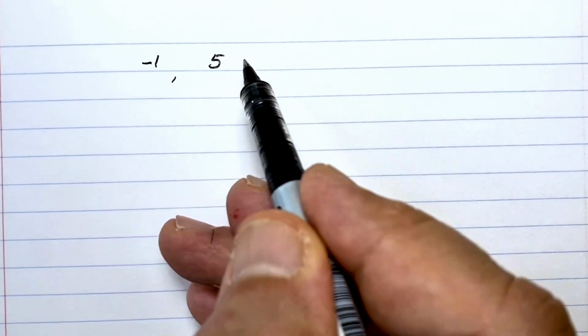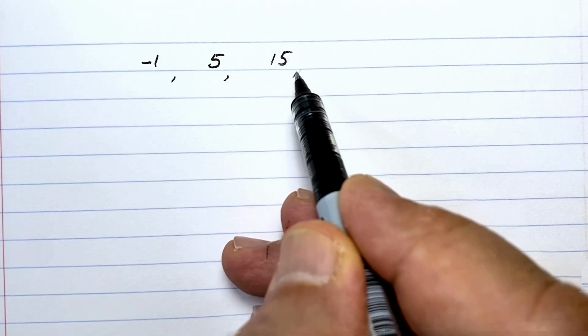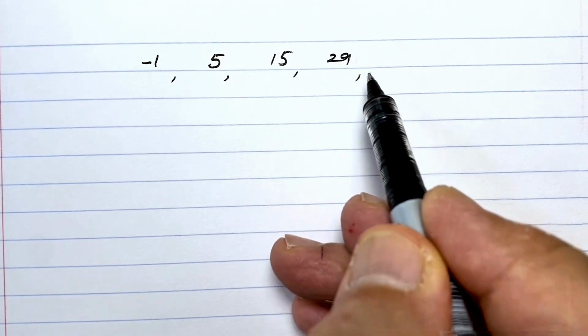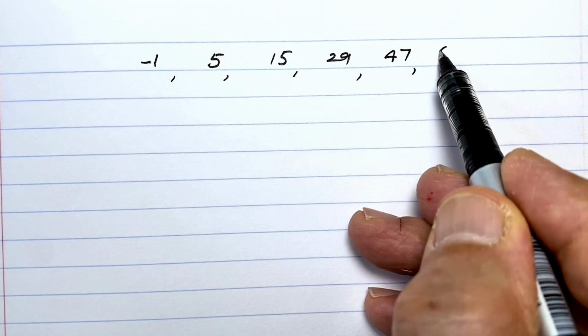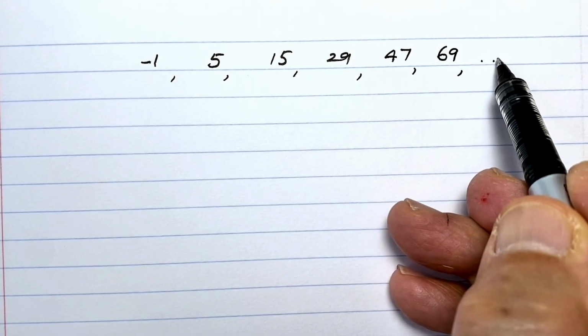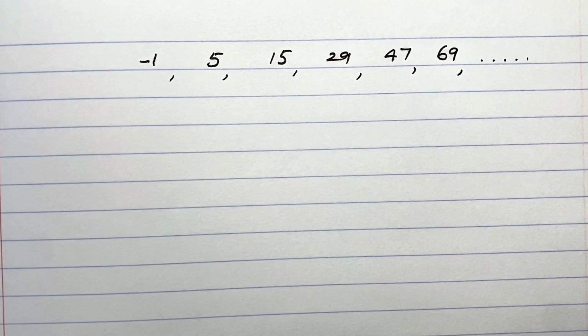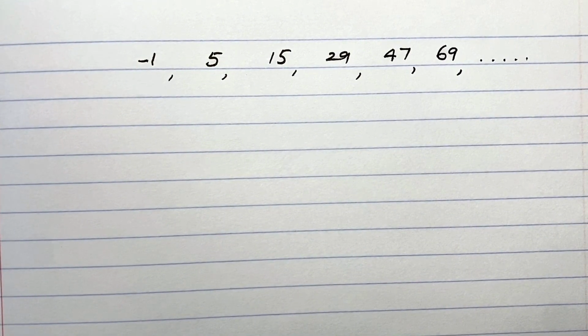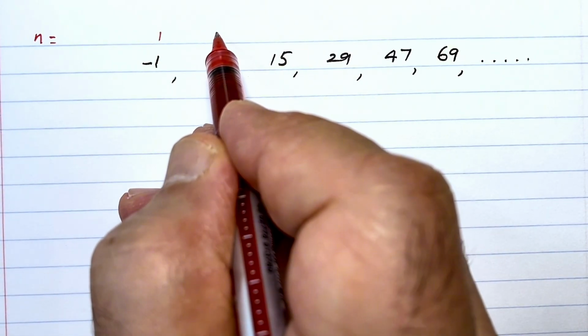If we look at this set of numbers, minus 1, 5, 15, 29, 47, 69. Let's go for the first difference.